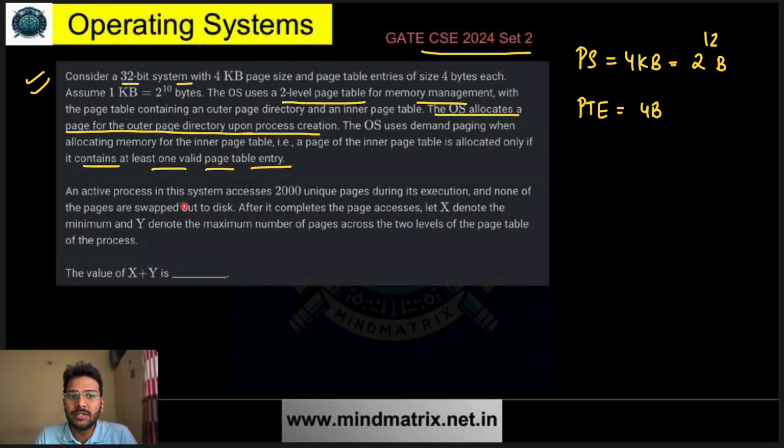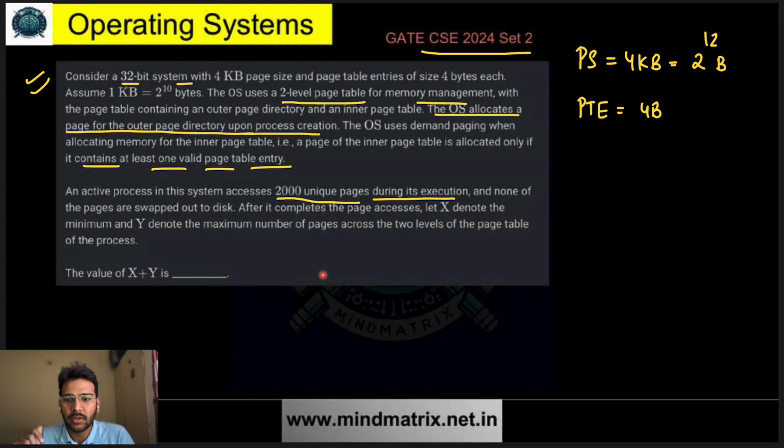An active process in the system accesses 2000 unique pages during its execution. So a process is using 2000 unique pages. If you remember, in the previous class, we solved this type of question also, right? Where we know that the process is using some memory out of the entire virtual address space or logical address space, and through that we calculated the number of pages.